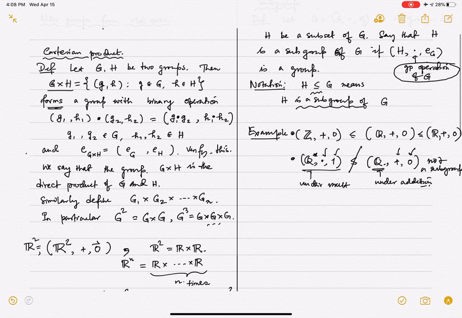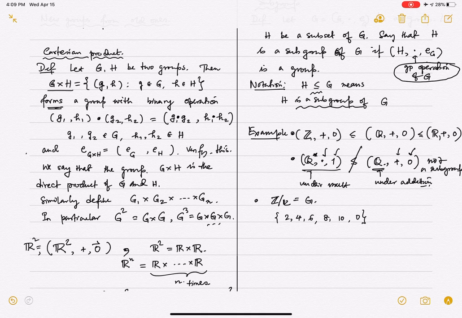Okay. So for example, just some more simple examples. Z mod 12. Let's look at that as G. Let's look at some subgroups. If you take multiples of 2, you'll see that you get a subgroup.